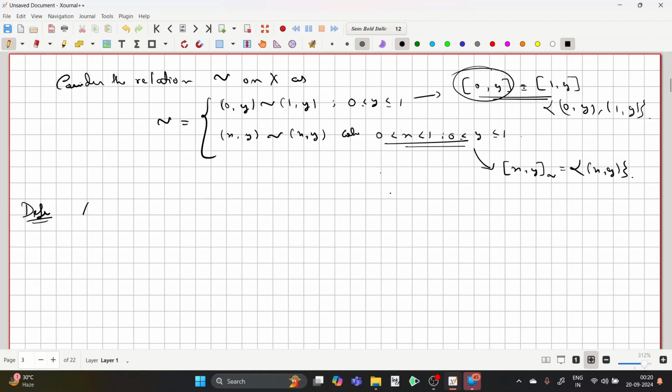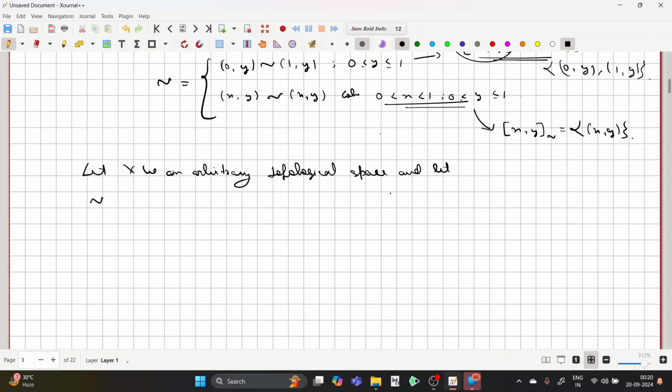Let X be an arbitrary topological space, and let this be an equivalence relation defined on X.